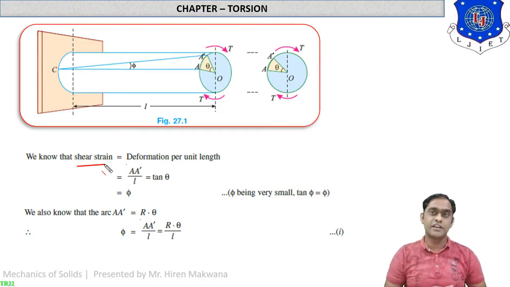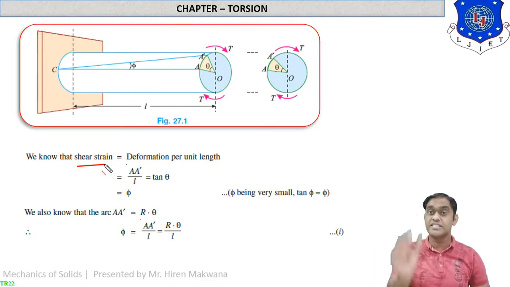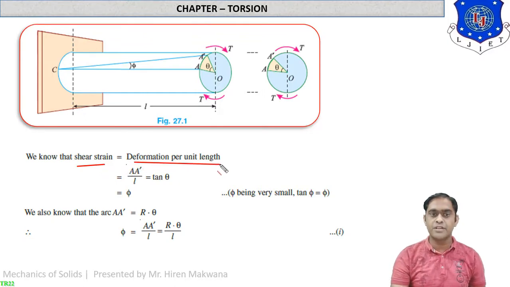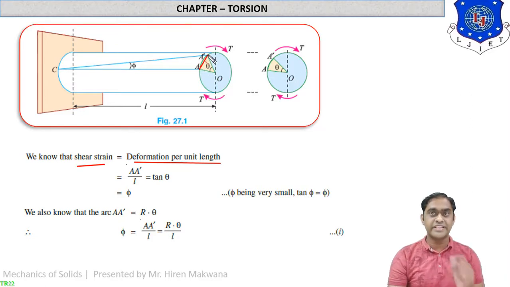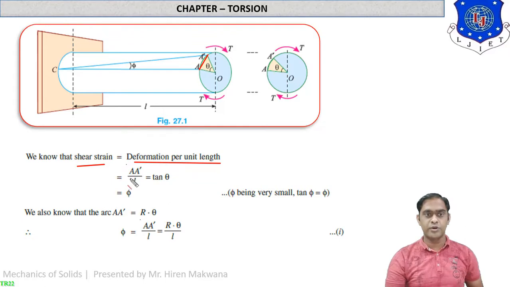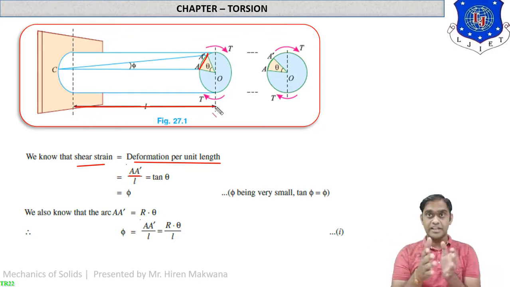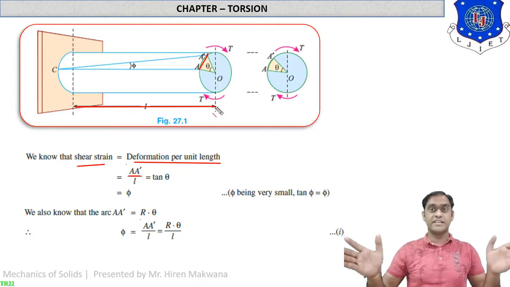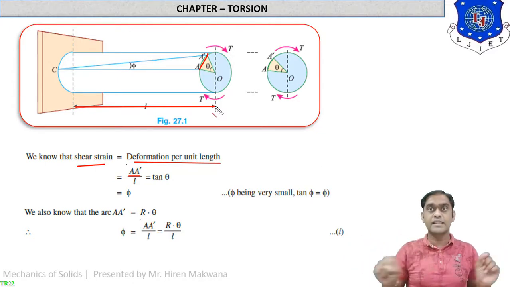But in simple stress and strain, you can remember that strain is change in length upon original length, meaning change in dimension upon original dimension. It is also known as deformation per unit length. So here, the change is from A to A dash, so A A dash will be the deformation, and it is circular traveling along the length L. If the length is gradually decreasing or increasing, then torsion will also depend on the length.